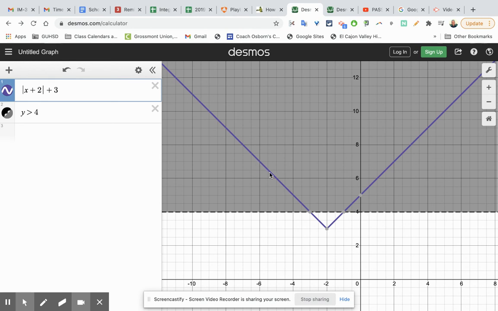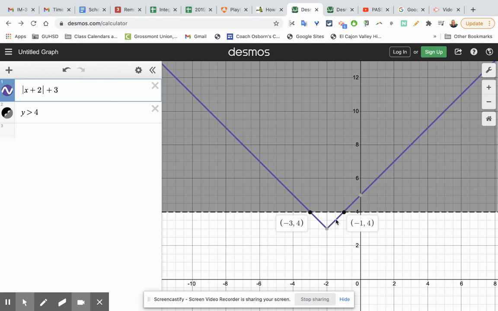As I'm coming down here, until I get to -3, once I get to -3, it's no longer a solution because down here on the graph, it's not in that shaded area anymore. So from -3 until I get back to -1. So for instance here, -2 wouldn't work. When it's -2, it's not going to be greater than 4.